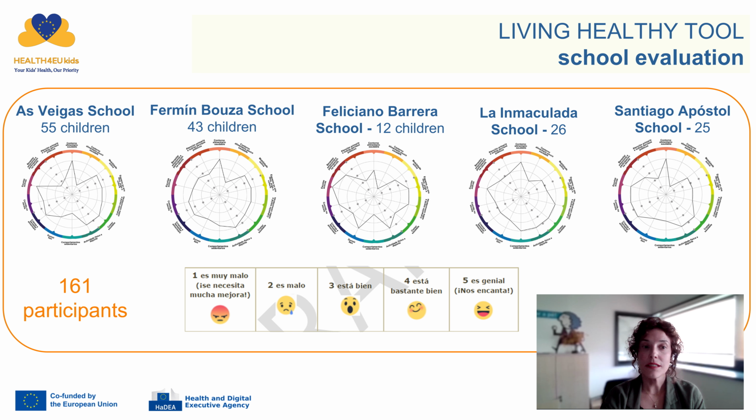Here you have the five schools that worked with us, and we obtained 161 participants from different classrooms. You can see also that these 5 groups had different approaches, but at the end, common decisions that we will see in the next graphics.